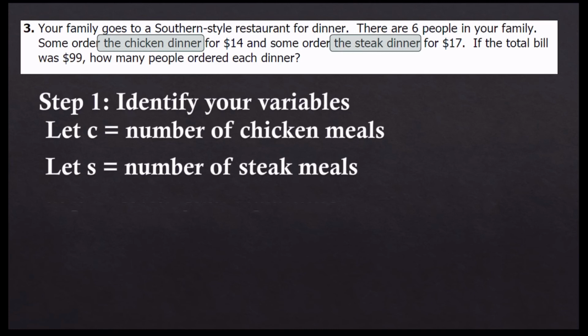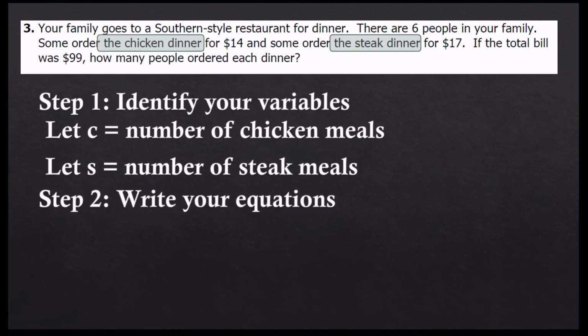So now we need to write our equations. Let's go back into our word problem. There's 6 people total. That is our total. So if I take the number of chicken and the number of steaks, it should total 6. So number of chickens plus number of steaks, total 6. Then let's go look for the next equation. Chicken dinners were 14 each.